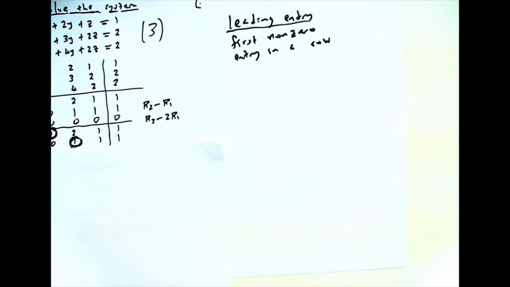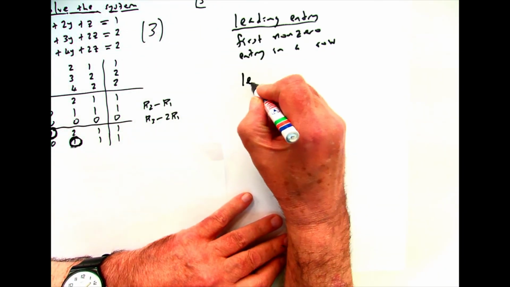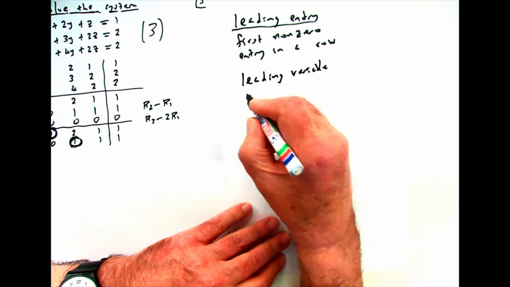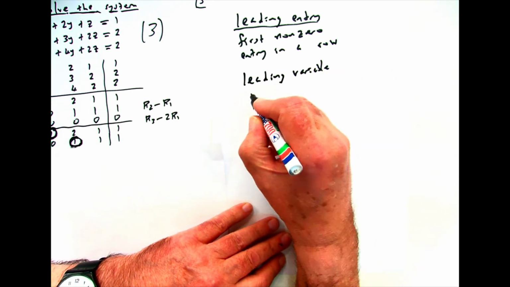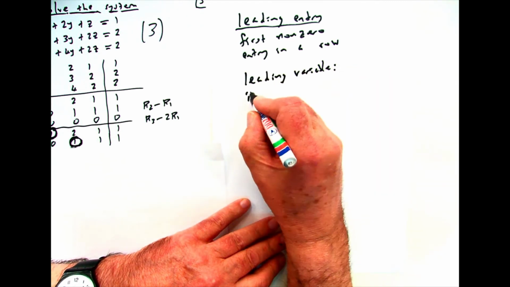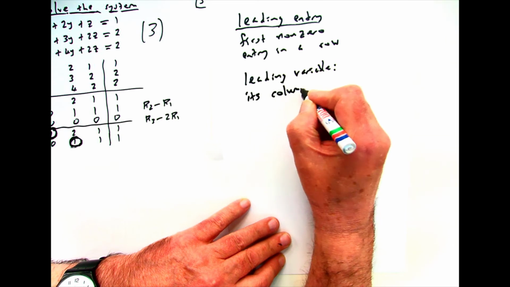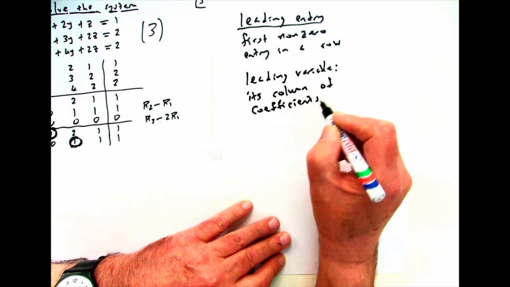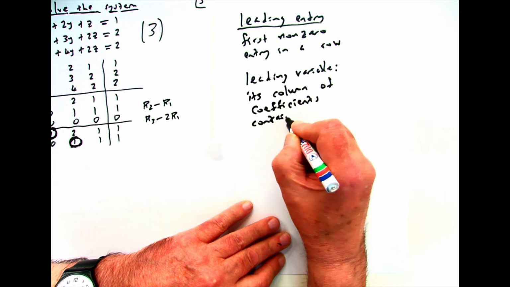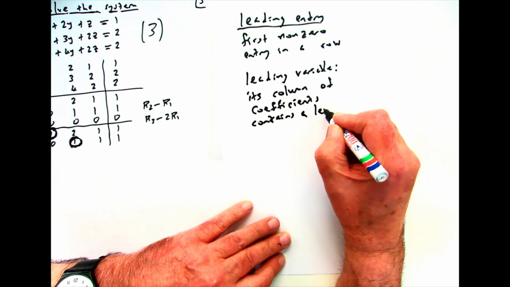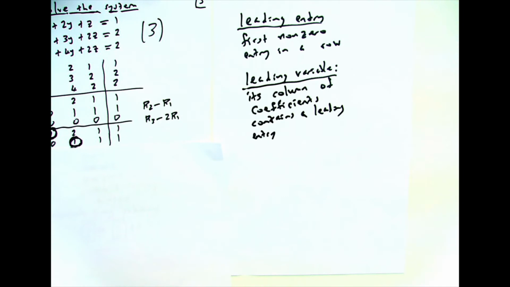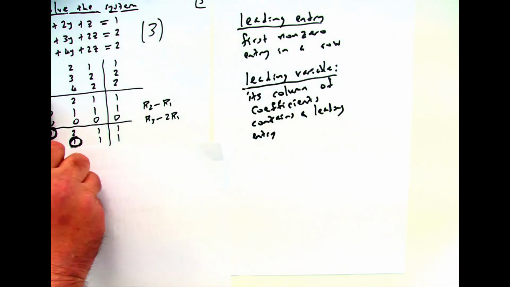Okay, so a leading variable is one whose column of coefficients contains a leading entry. So we've got two leading entries.